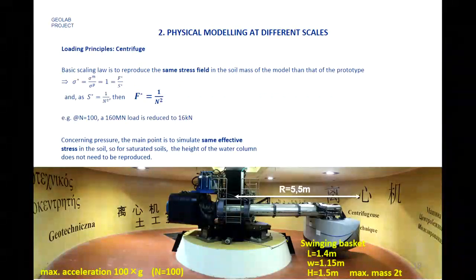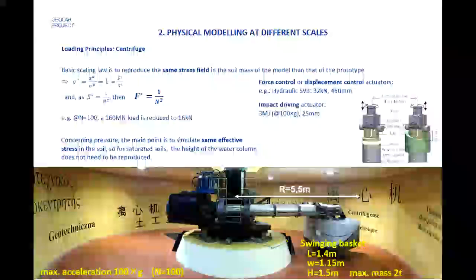So instead of having big jacks to apply the load, we need only small ones. That's a great advantage that makes this technique very popular, because it is quite easy once you have produced the G level required for the simulation.